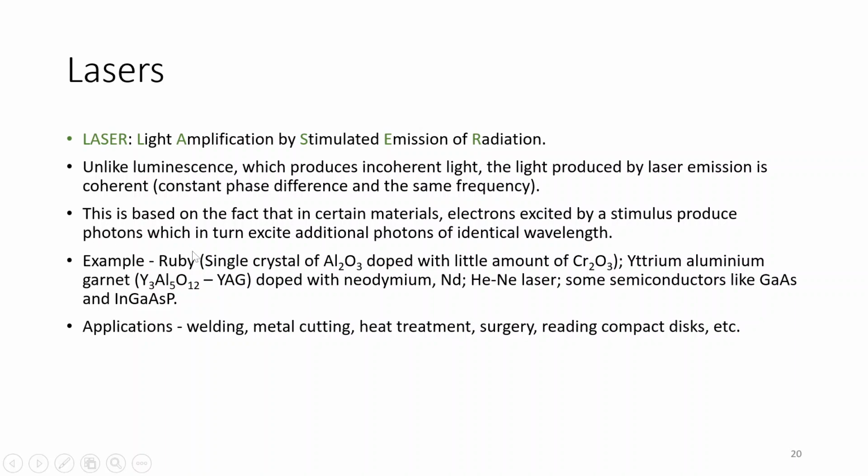Examples include ruby, which is a single crystal of Al2O3 doped with a small amount of Cr2O3; yttrium aluminum garnet, whose formula is Y3Al5O12, also written as YAG, doped with neodymium, Nd; helium-neon laser; and some semiconductors like gallium arsenide and indium gallium arsenide phosphide.